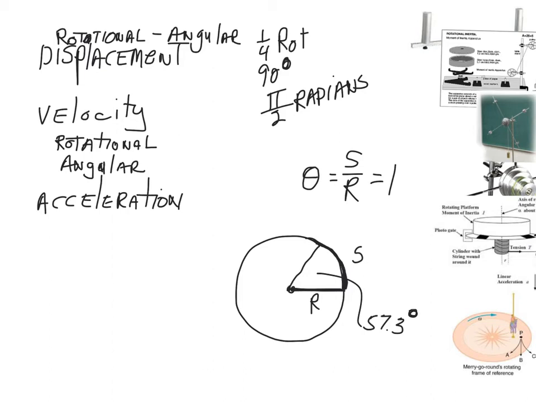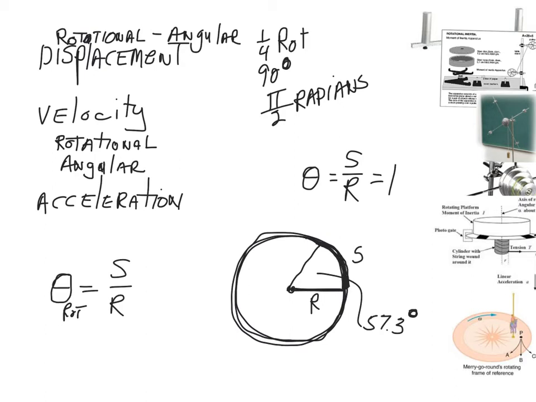So if I go around the whole circle, the circumference of the circle, here's our definition. What's the angle in radians for a complete rotation? So one rotation is 360 degrees. How many radians? So that angle for one rotation has to be the arc length over the radius.